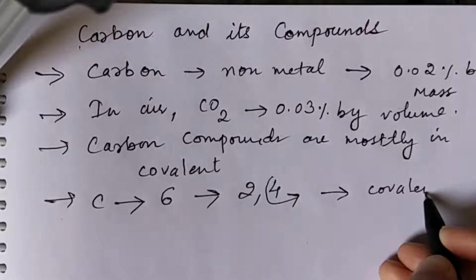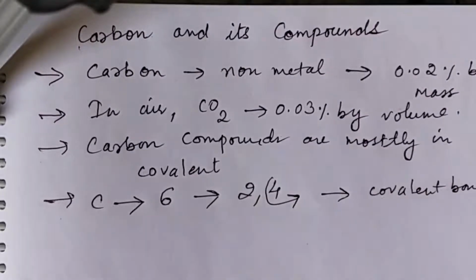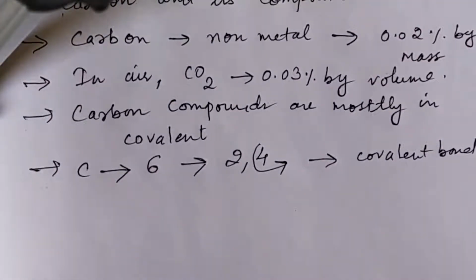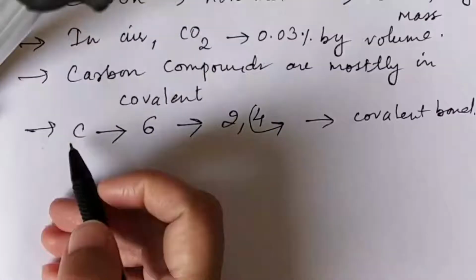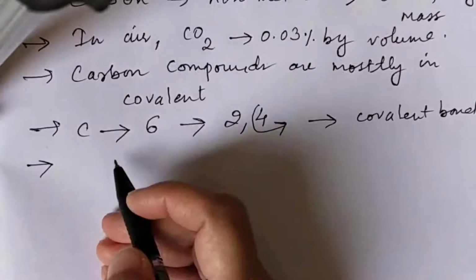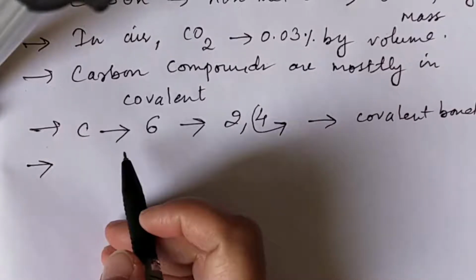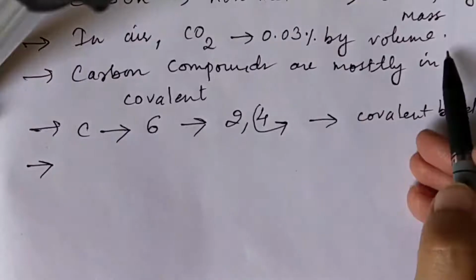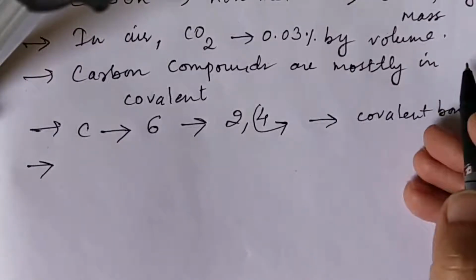Now you understand what a covalent bond is. We will try to understand this with the help of an example. So here we are discussing covalent bond formation, students. First of all, we have discussed what carbon is and how it exists in nature with so many compounds.